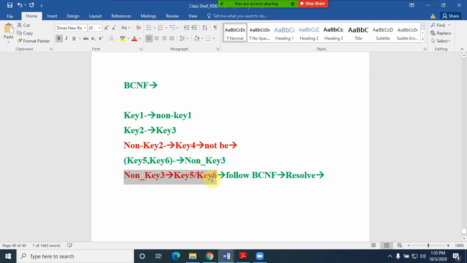Key 5 and key 6 in combination generating non-key 3 is allowable anyhow, because one key can generate a non-key, and one key can generate another key also, but one non-key should not generate a key. And of course, this is also not acceptable.